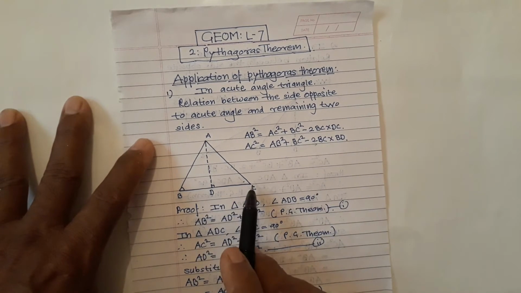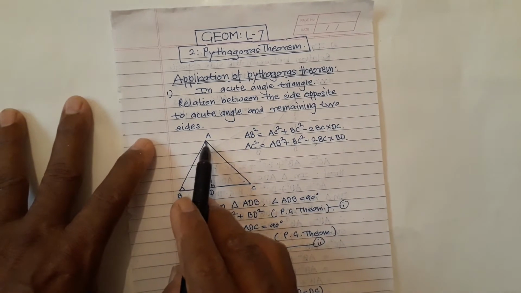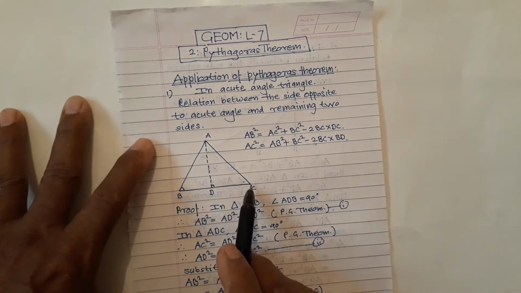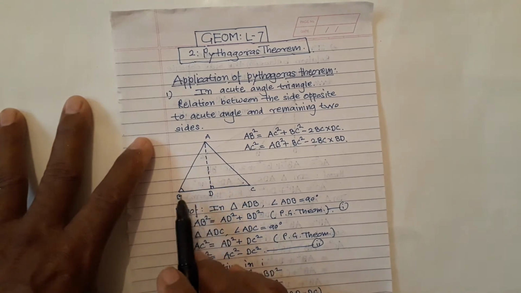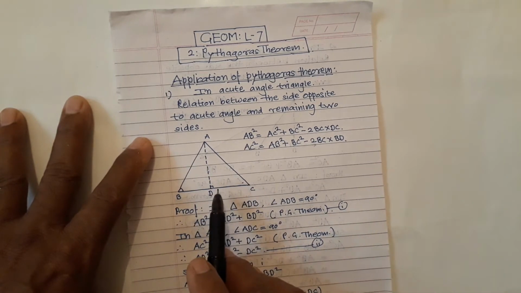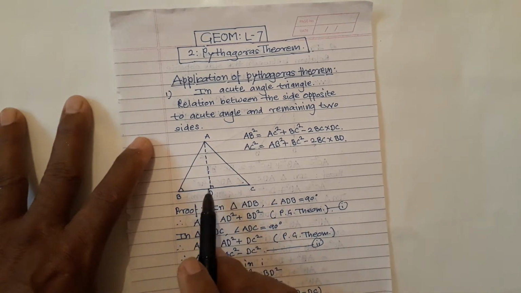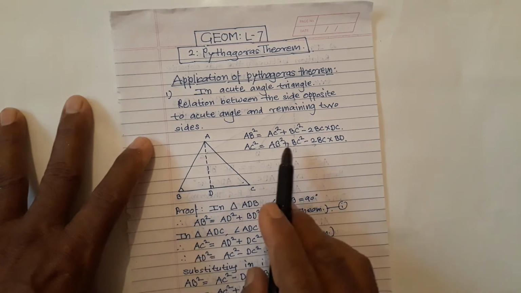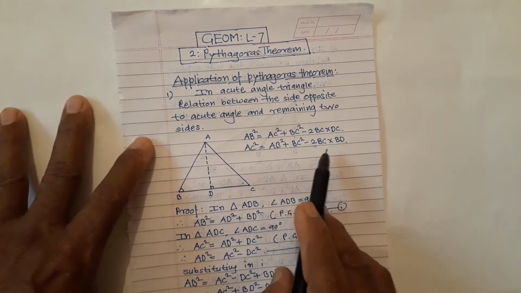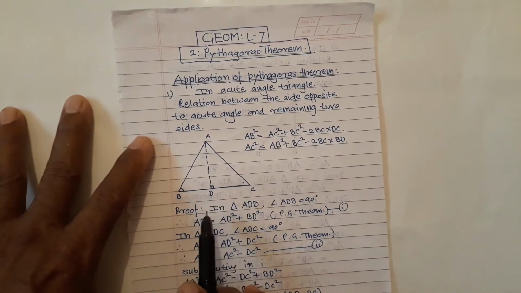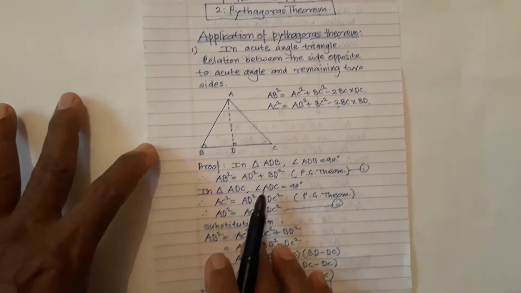DC means this part. Now if AB is there, then you take this part, and AC square is equal to AB square plus BC square minus 2BC, and take this part, into BD. So this is the relation. Now you try to understand proof. I will explain you proof.